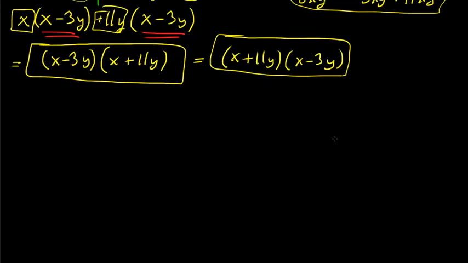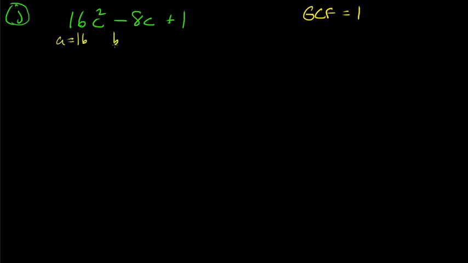Let's move on to part J. So we get 16c squared minus 8c plus 1. And so that 1 tells me that the GCF is yet again equal to 1. All right. And so A is 16, B is negative 8, and C is 1.